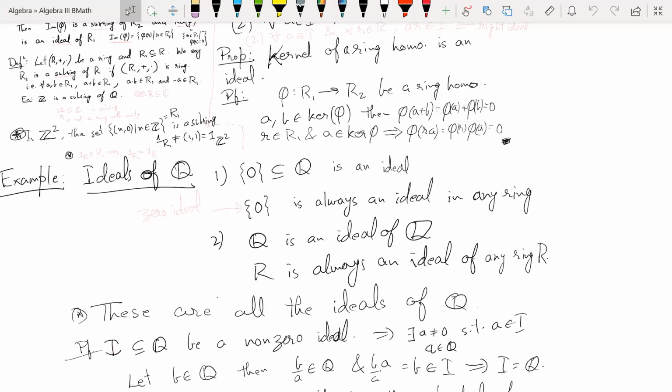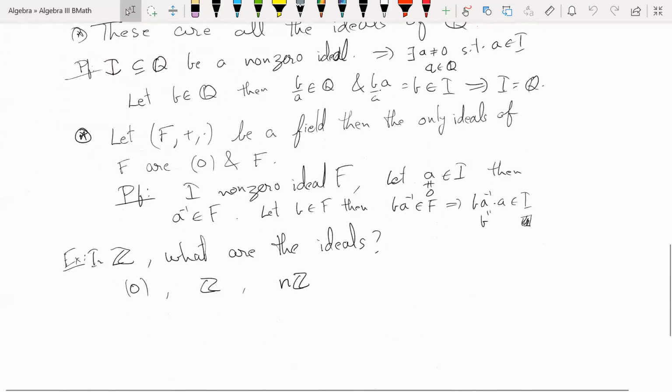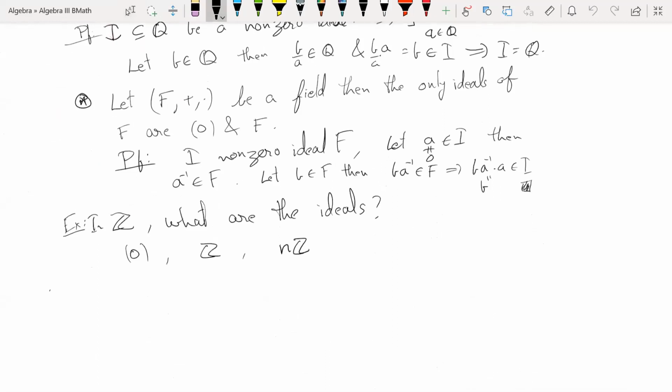Book, yeah. I am not going to follow any particular book as such, but you can look at, so maybe I'll just write it here, the textbooks. Dummit and Foote is a standard book these days.